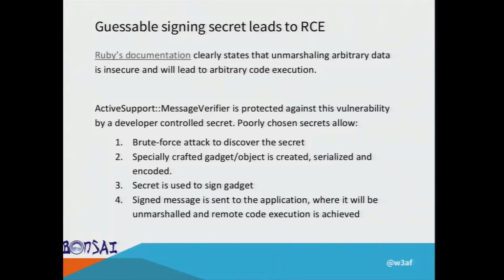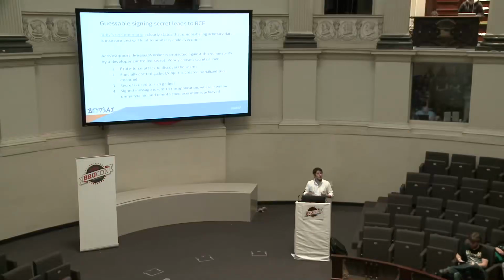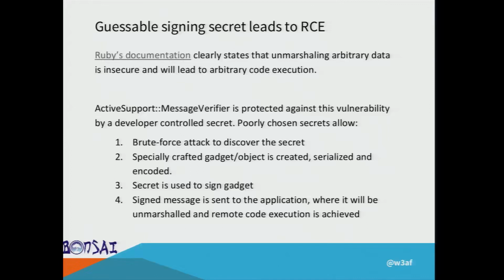Then, using the secret that I got from step 1, I sign this gadget, base64 it, and send it back to the application. When the application gets that message, it's going to verify the signature. That signature is going to match because I got the right secret. And afterwards, the application is going to unmarshal the string, and remote code execution.